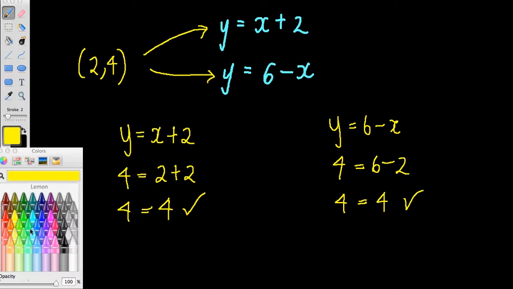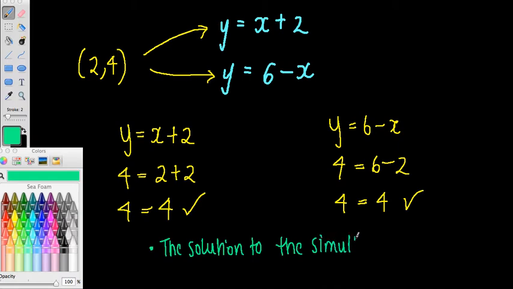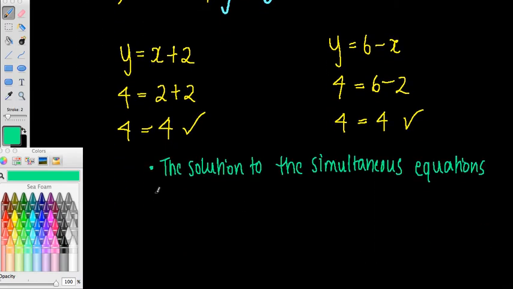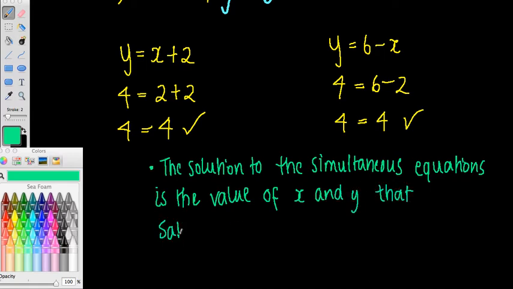So what we should find is the solution to the simultaneous equations is the value of x and y that satisfies both equations.